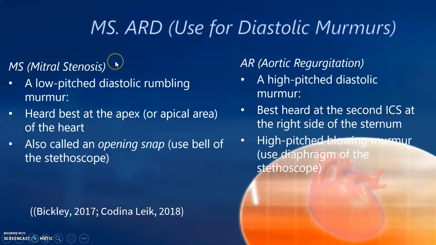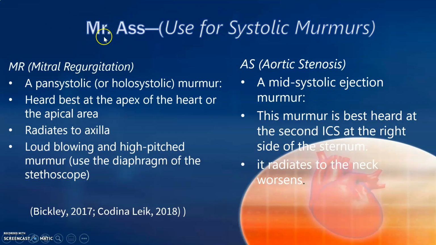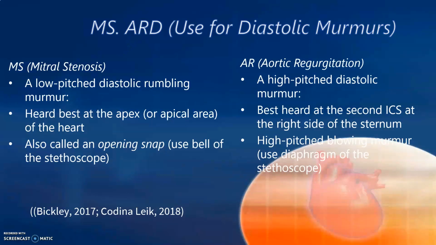So you can use, as noted earlier, MR and AS, mitral valve regurgitation and aortic stenosis. We know they are systolic, depending on where they say the sound is coming from, or where they say you hear the murmur. That will identify, is it mitral valve or is it aortic? And then you have to find out next, is it diastolic or is it systolic?